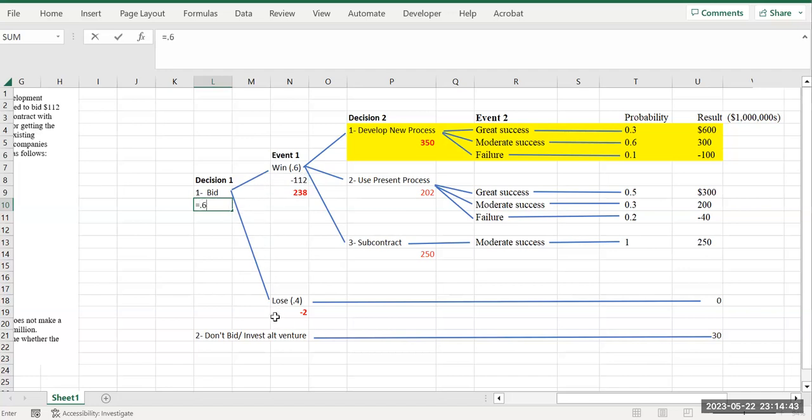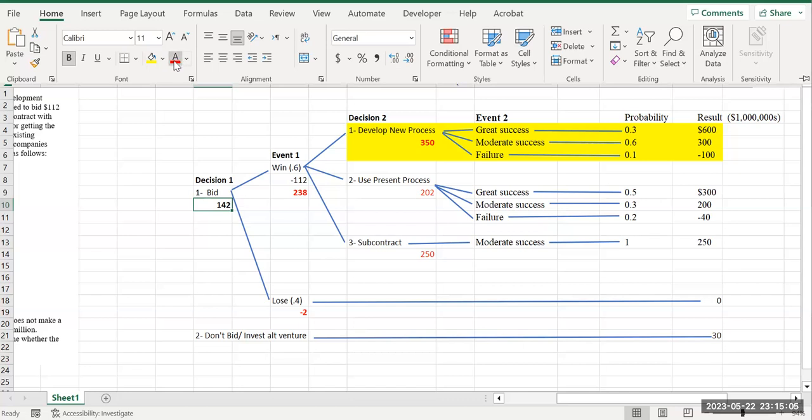So 0.6 times 238 plus 0.4 times minus 2. That would be the expected return from bidding in the auction. So 142 is going to be the expected return if you bid.